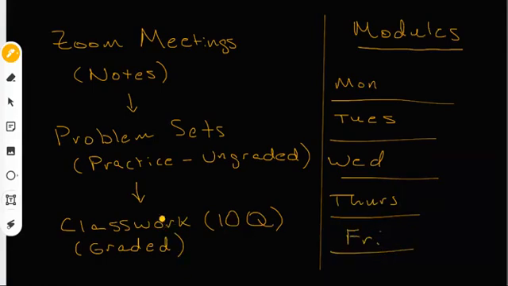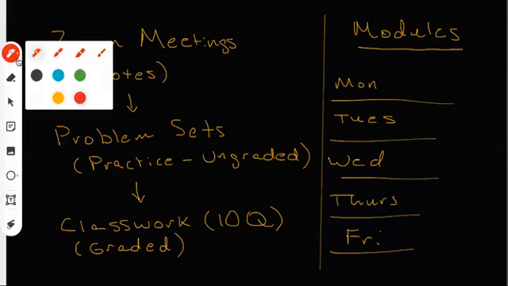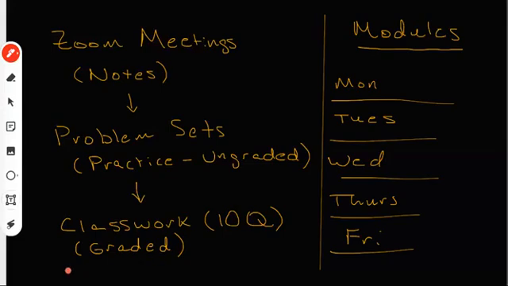And then usually on Sunday, that's when your assignments are all going to be due. So your classwork is going to be due on Sunday by midnight. So please turn in your classwork by Sunday so you can avoid that late penalty. My modules are always going to be divided by day, so you know what you're going to be doing every day.